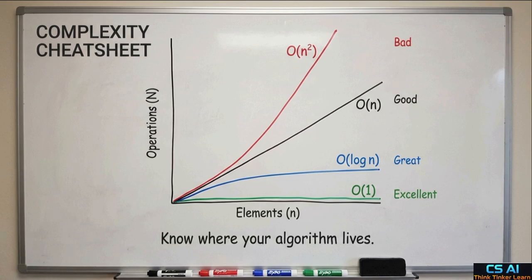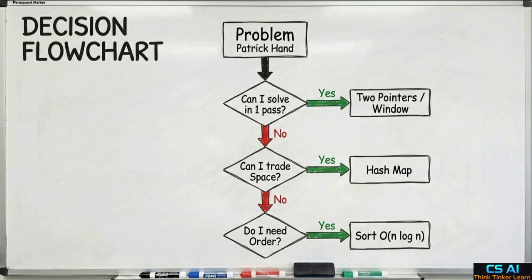O(n) is good. Linear, predictable scaling. This is home of our two pointers and sliding window patterns. O(n^2) is bad. The danger zone of nested loops. It does not scale. Your goal as an engineer is to always push your solution down this chart to find a more efficient algorithm whenever possible.